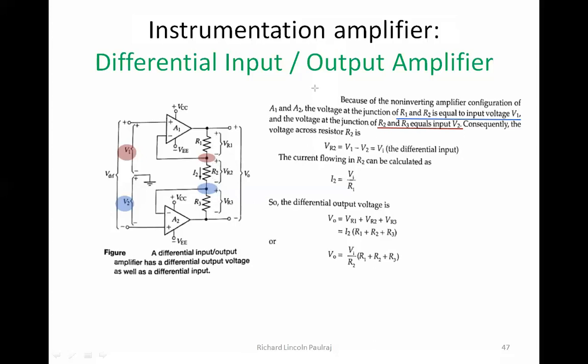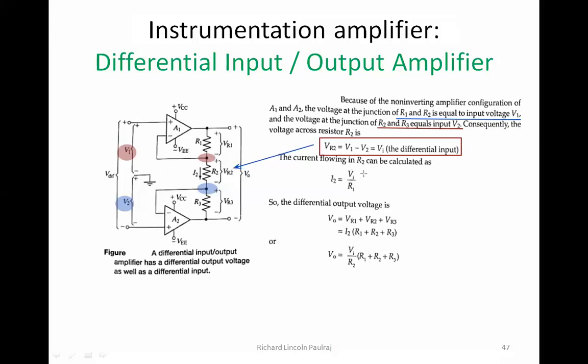This is an important formula, so please make note of this. The voltage across R2 is nothing but the difference between the potentials we have received across the inputs, V1 and V2.